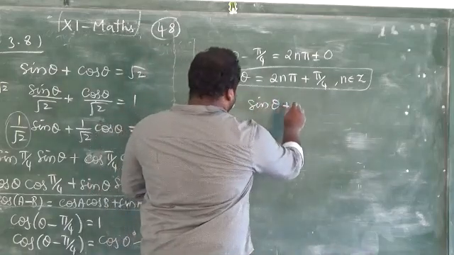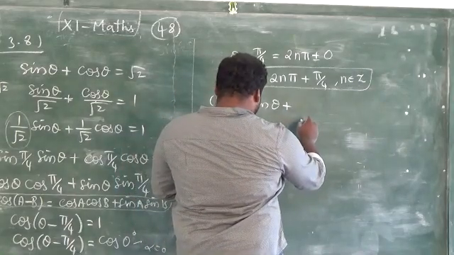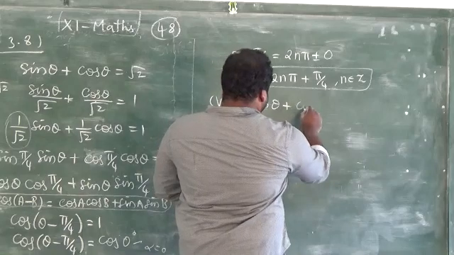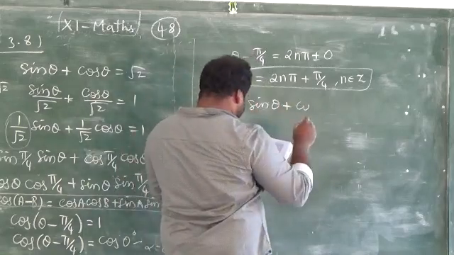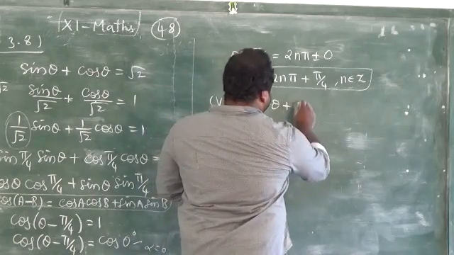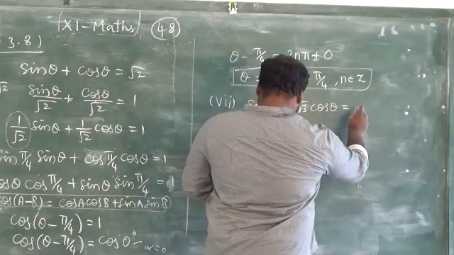Sorry, this is question number 7: sin theta plus root 3 cos theta equal to 1.